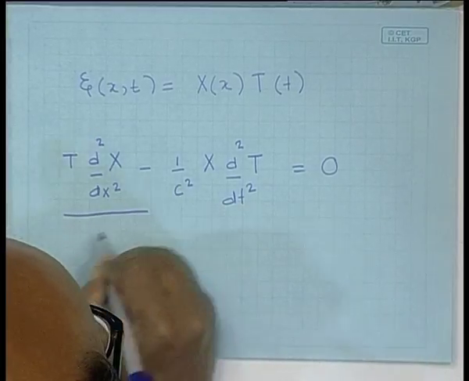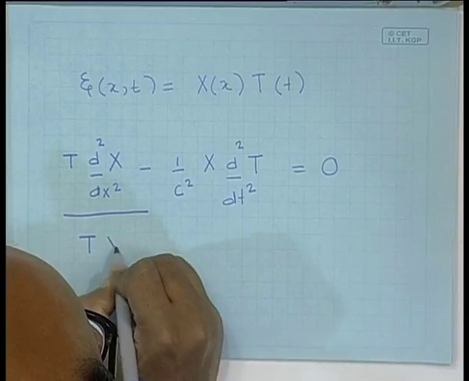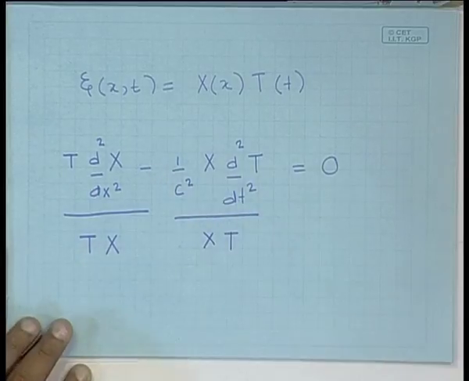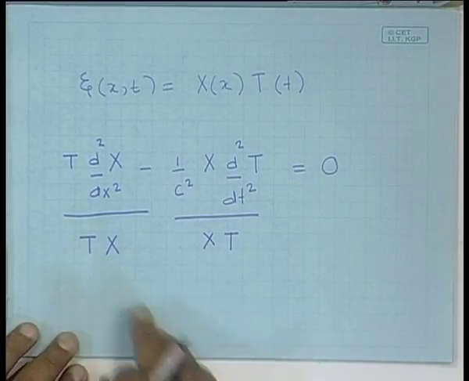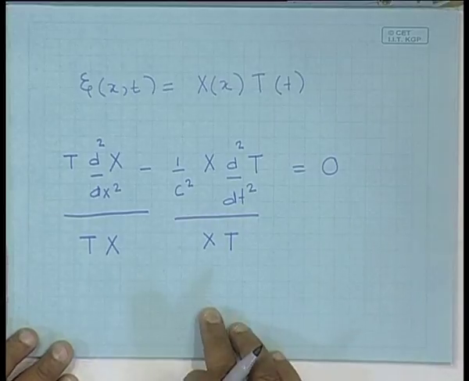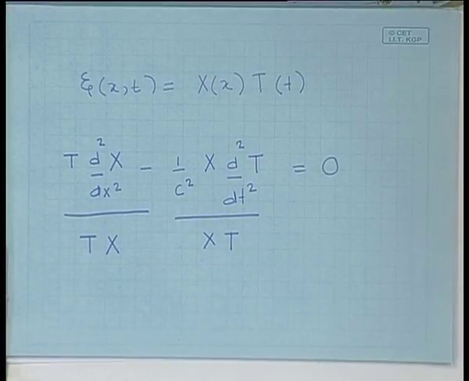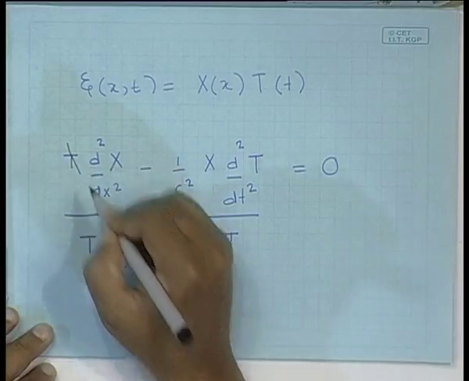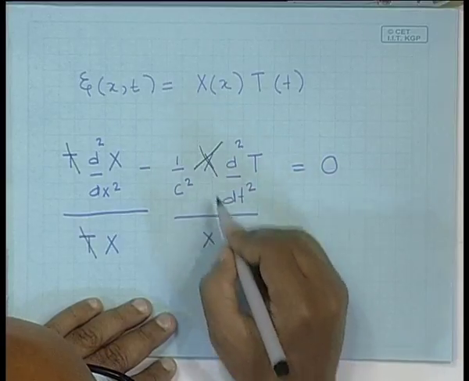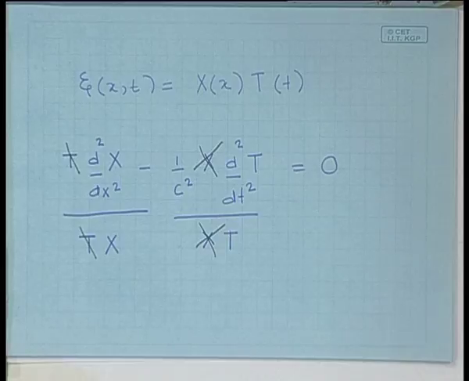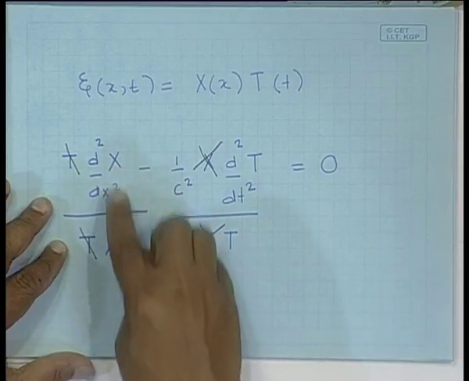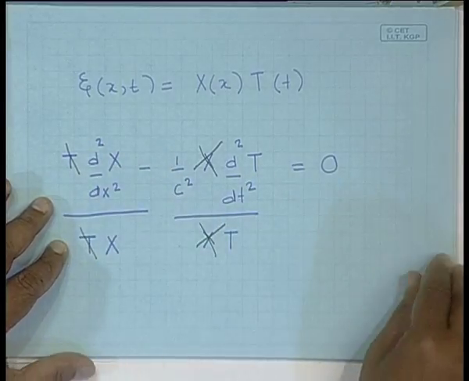So, I am going to divide it by ξ, which is X into T. I have divided this whole equation by ξ, and then we see that the time dependence T cancels out from this term, and the term X cancels out from this. So, the equation that we are left with, let me write it down over here, has only these two terms.